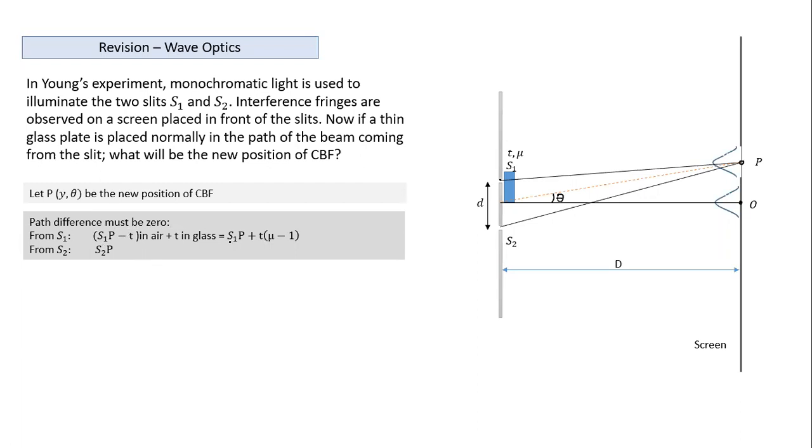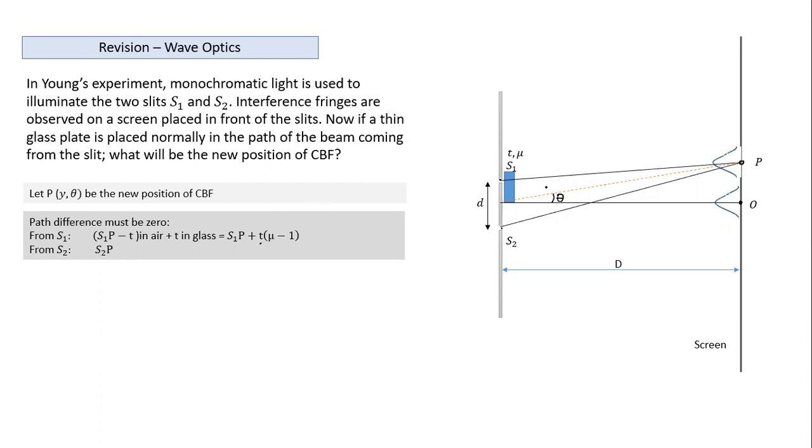That is the optical path, and we have seen earlier that because of the introduction of this sheet, the optical path length has increased by the thickness of the sheet times the refractive index of the sheet minus the refractive index of the surrounding medium, which is air in this case. And what is the optical path from the second slit? S2P. The physical path and optical path are the same because it is in air.